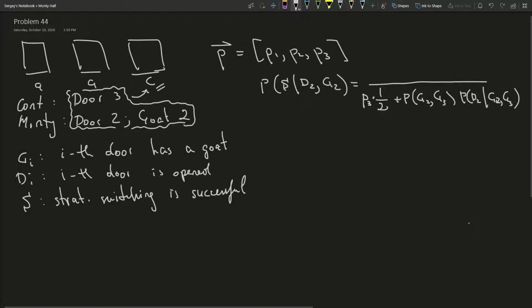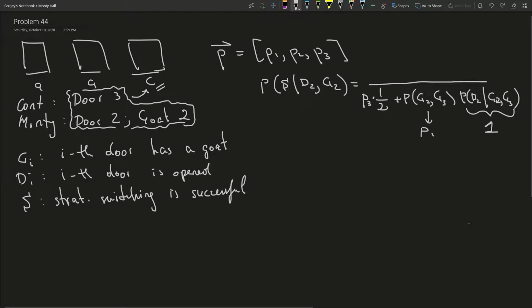So notice that if doors 2 and 3 contain goats and the contestant had originally selected door 3, Monty will definitely open door 2 because Monty does not want to open the door with the car behind it. So this probability is 1. Now what is the probability that door 2 and 3 both contain goats? Well, it's the same as the probability that door 1 contains the car. So this probability here is p sub 1.